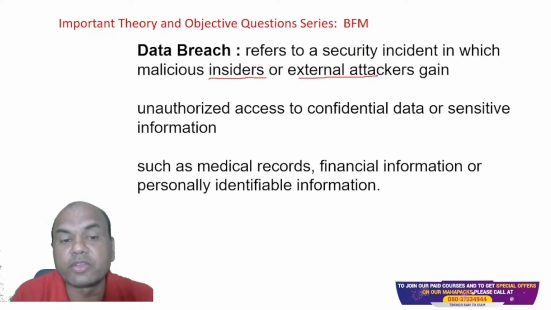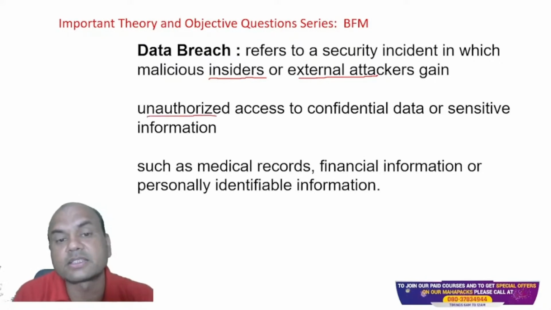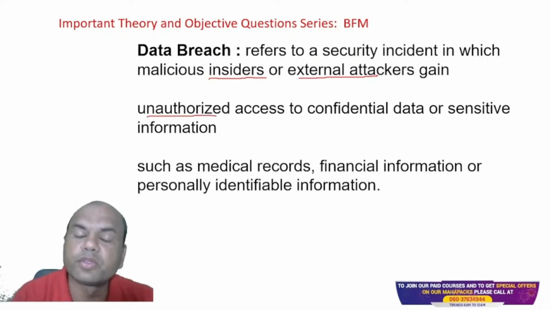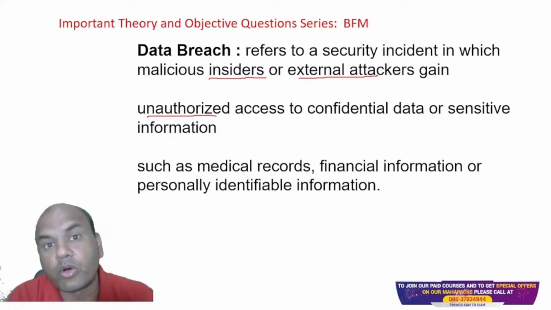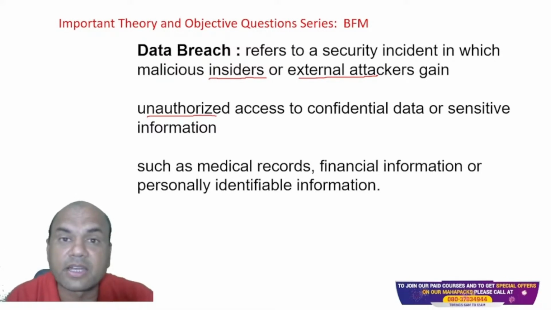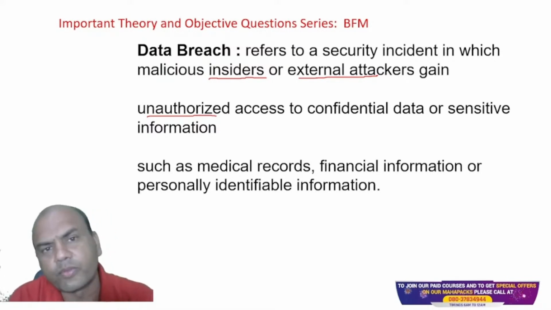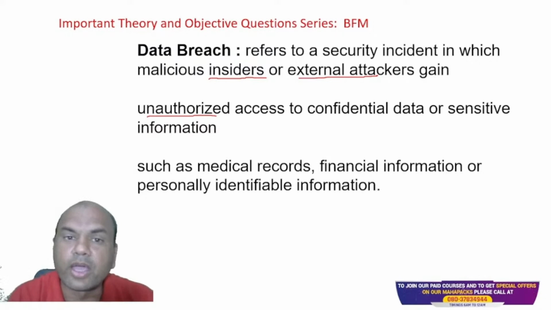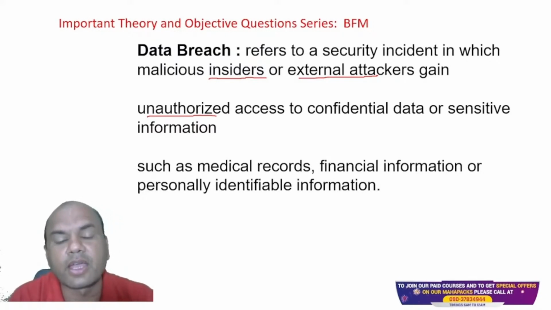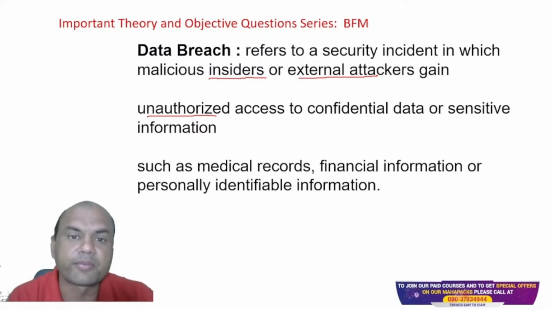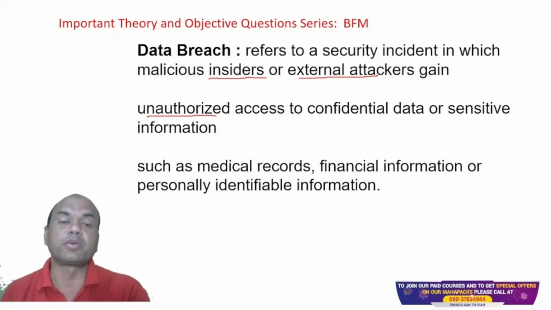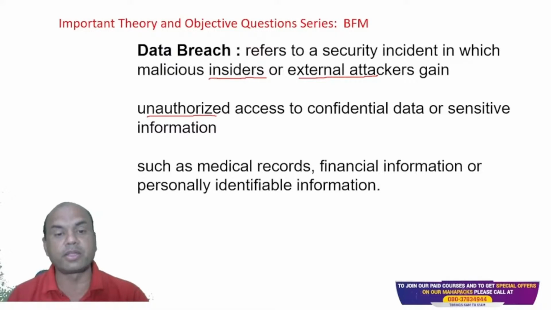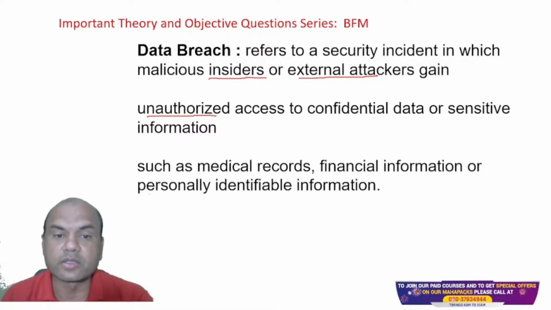Unauthorized means even the banker can get unauthorized access. Suppose you are in the branch, do you have access to the head office data or sensitive data, balance sheet and everything? No. If you are in the branch, you should get access only to your part. So that is known as unauthorized data. If you get information about something else which is not required by you, that is known as unauthorized data.